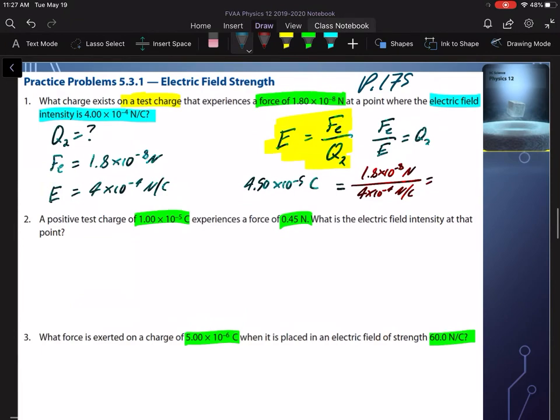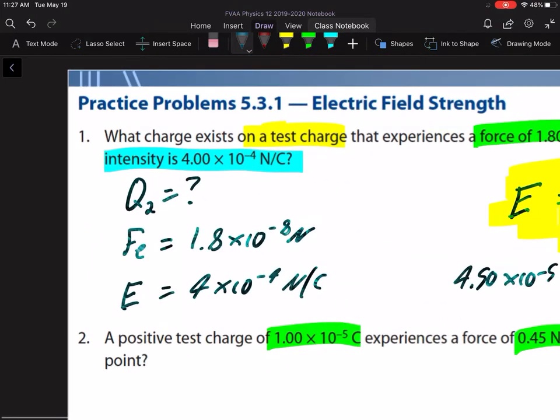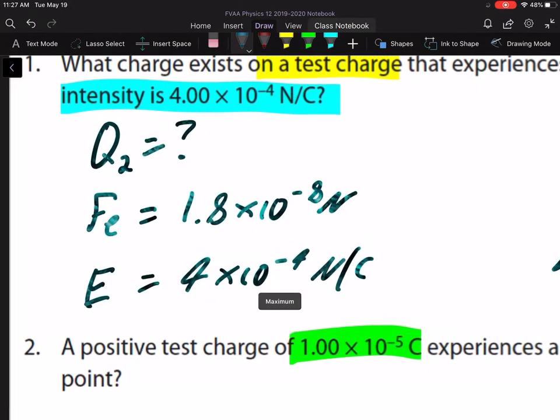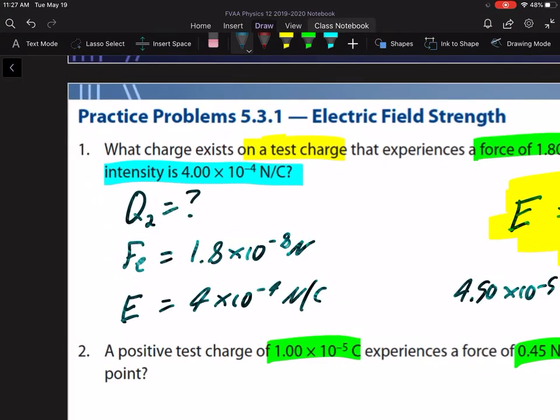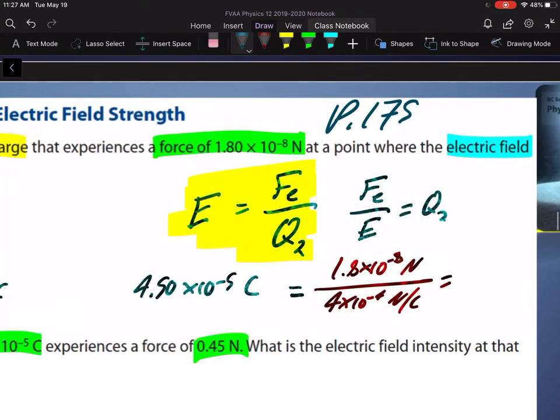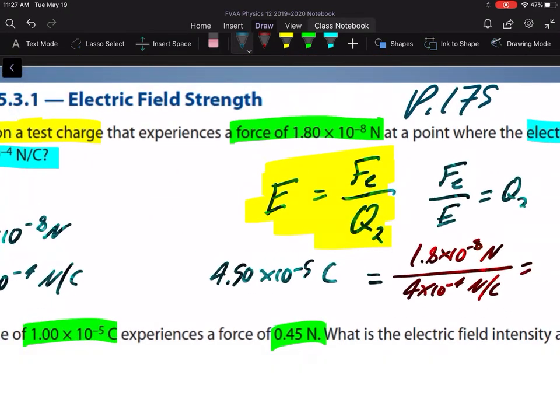On page 175, you have this practice problem. I did one of them here where, just looking at the question, we determined that we were trying to solve for the charge of the test charge experiencing the field. We had the force it experienced and the strength of the electrical field given to us in the question. Then we just had to rearrange our equation, plug those values in, plug and chug, and we get our answer, which was 4.5 times 10 to the negative 5 coulombs.